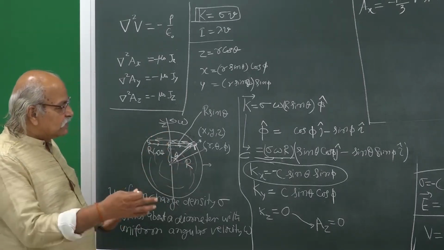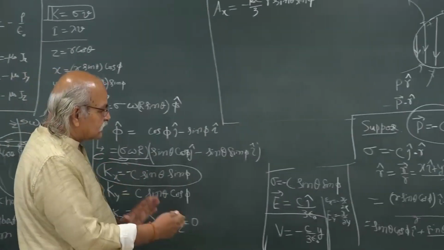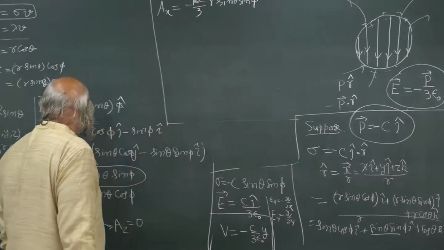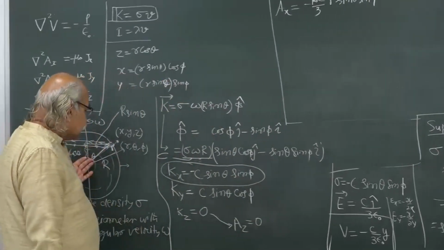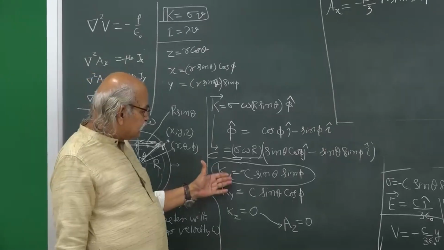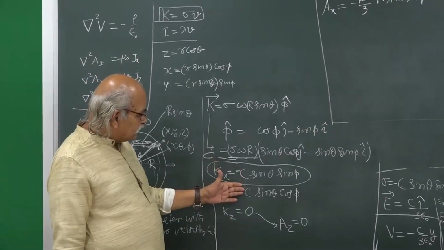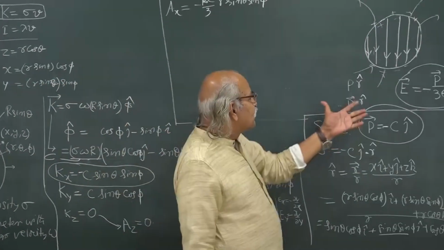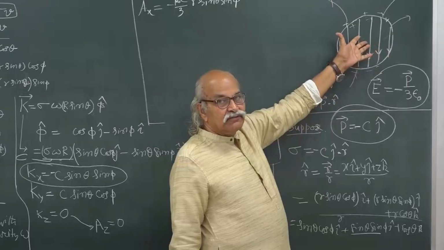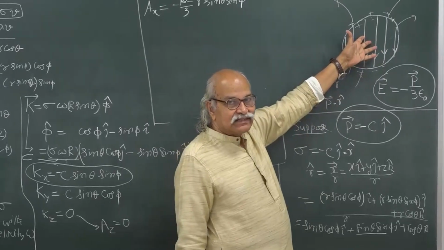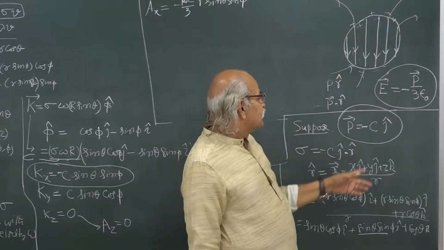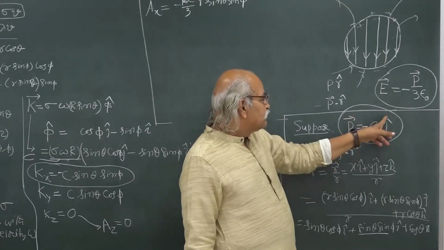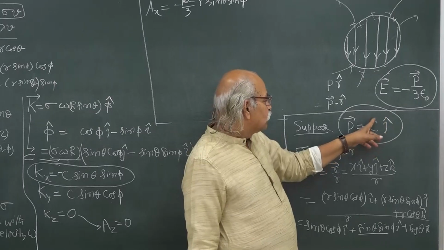And then we did some electrostatic analogy and finally obtained that if we write the corresponding Kx, Ky, Kz, they are given by these expressions. Then we found an electrostatic case where you have a uniformly polarized dielectric sphere, with the polarization taken in the minus j cap direction with this constant c.